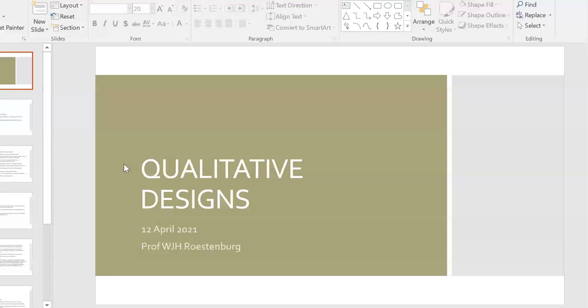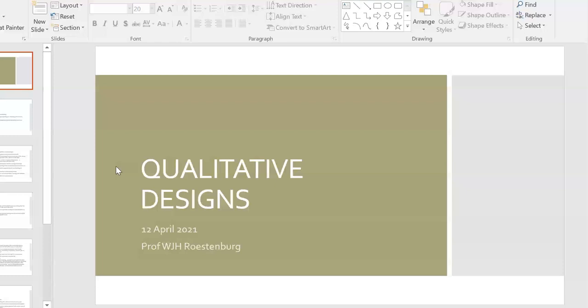Okay, so there's one section that I still want to focus on for today, and that is all about qualitative design. We've now concluded with quantitative designs. We've looked at all the different design types in a bird's eye view, so that you now know there are different ways in which you can approach a quantitative study.